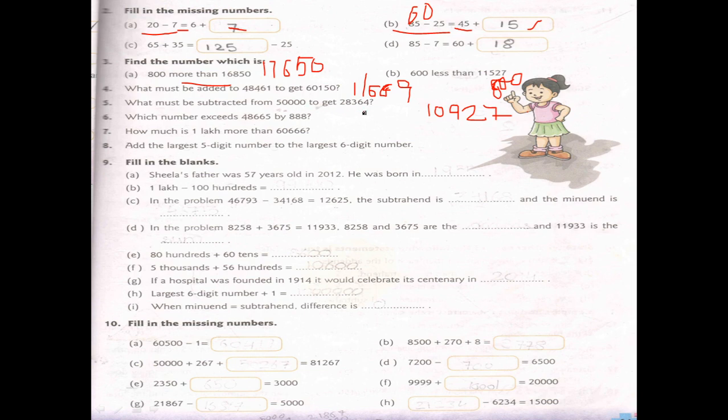Okay, what must be subtracted from 50,000 to get 28,000? Well, 50,000 is given to you, and the difference was given to you. So we have to subtract some number from this.